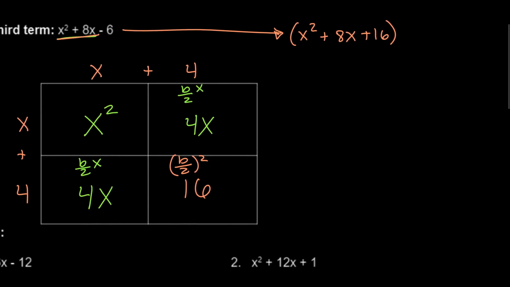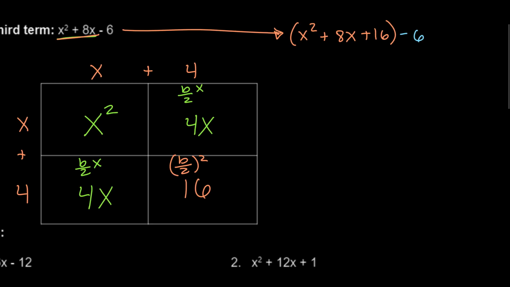What do I have after the first two terms? I still have a minus 6. Now, what did I add into the equation that was not there before? 16. And I know you guys all know that what you do to one side of the equation, you have to do to the other side.